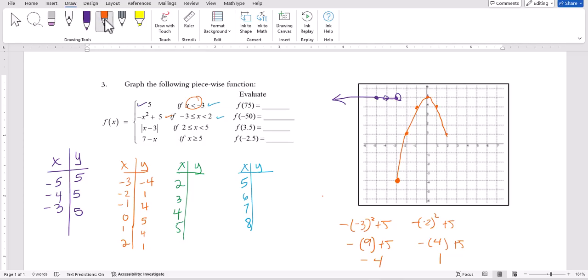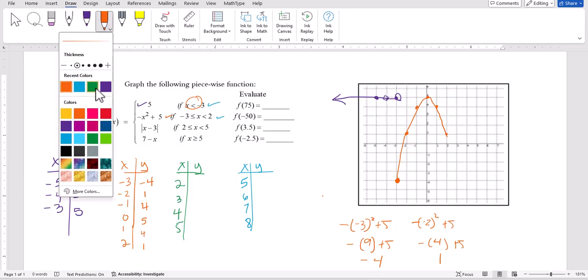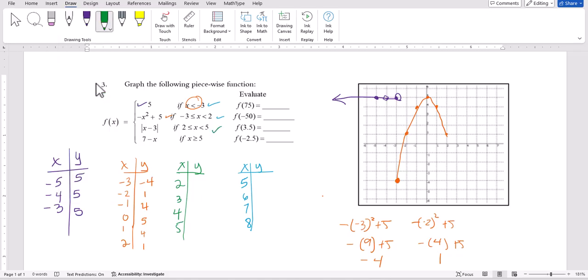Okay, so the next thing we're going to do is go into the green, which says that we're now looking at the absolute value of x minus 3. So let's put in the absolute value of 2 minus 3. I'm trying that first value on the green chart. So that's the absolute value of -1, which is just 1. And then again, I'm going to do the absolute value of 3 minus 3, which is 0, the absolute value of 4 minus 3, which is 1, and the absolute value of 5 minus 3, which is 2.